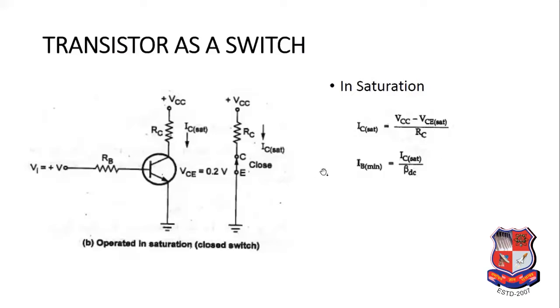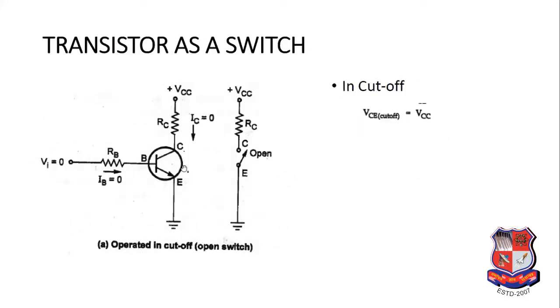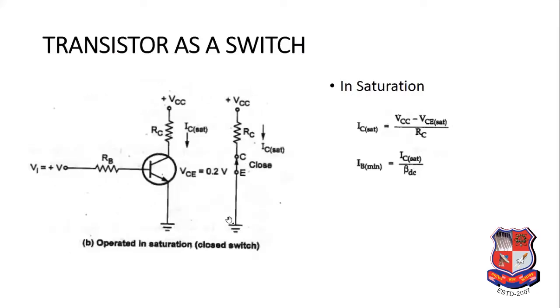And we know the equation for beta, the current amplification factor, which is output current divided by input current, IC divided by IB. So IB is equal to IC by beta DC. If there is a question on transistor as a switch, you have to write these two circuit diagrams and some theory.